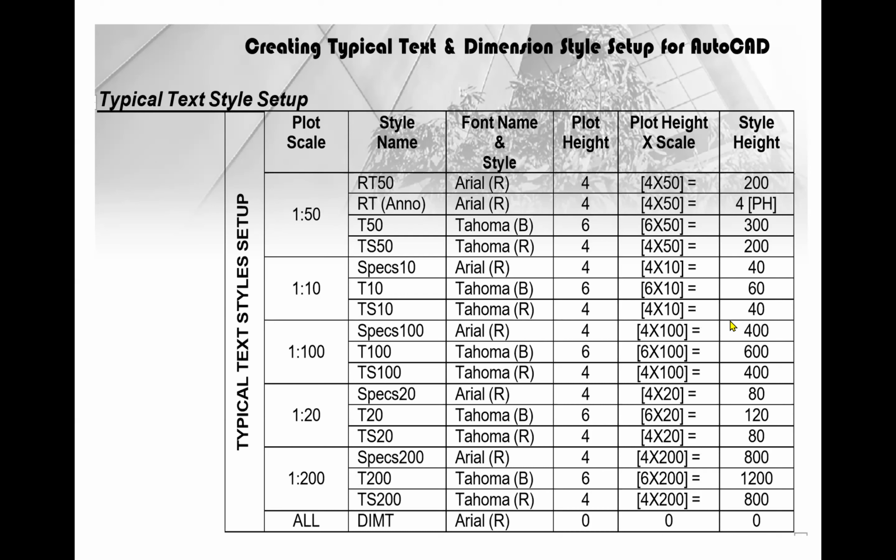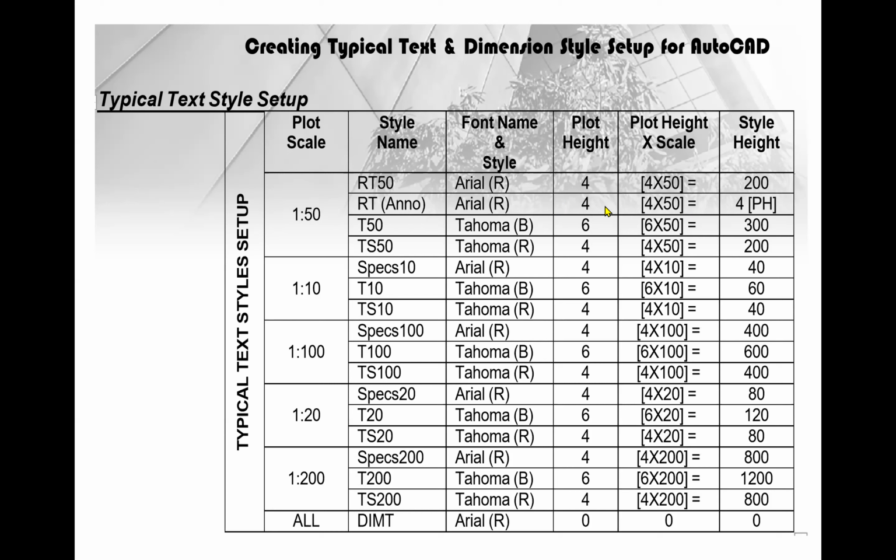So this column over here represents the full scale height, which is the style height column. But somebody might be saying, but wait, how come 4 times 50 also equals 4? Well, that one is a different situation. When you make a text style annotative, there is a feature in the software, which I'll introduce in a little while, that will do the calculation for you.